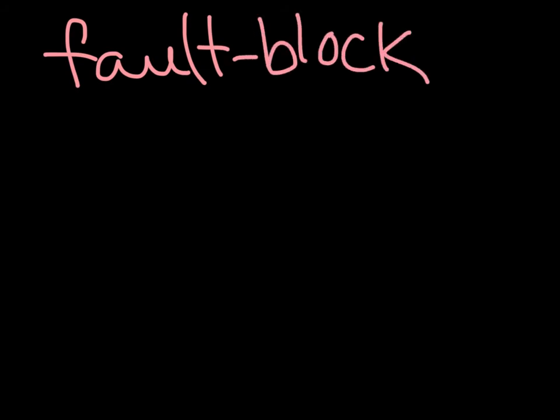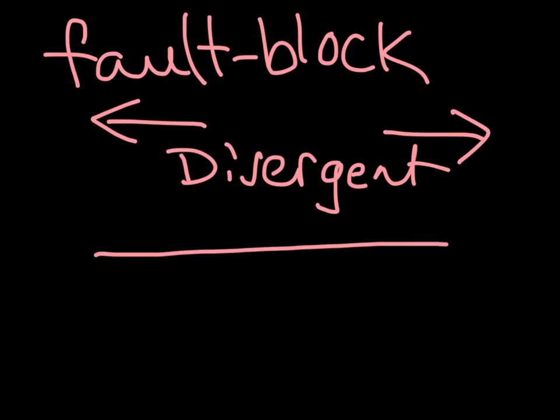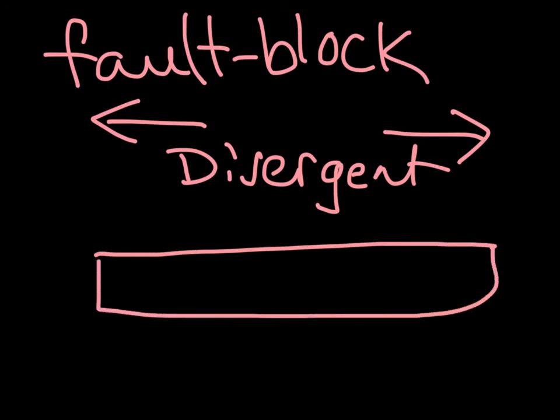A fault block mountain, okay, so these are ones that are going to happen where the plates are actually moving away from each other. So these are at divergent plates. So as the lithosphere is stretched, we're going to have a piece of land that is cut into slices as it goes.